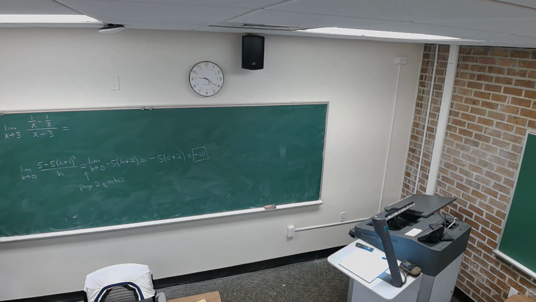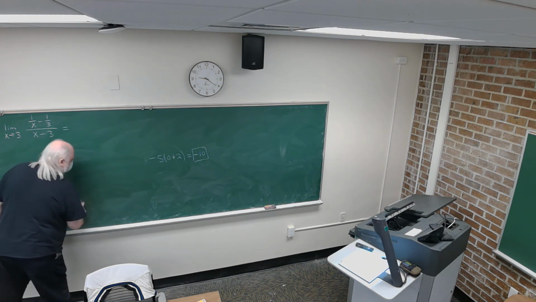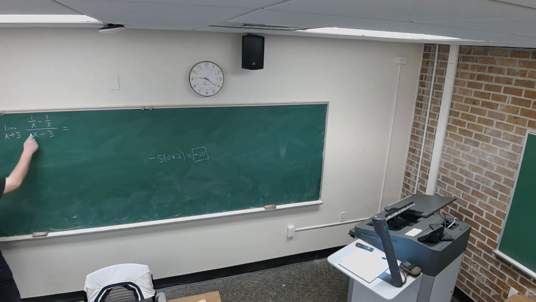So when you do the direct substitution, you put 3 in for x, you have 1/3 minus 1/3 over 3 minus 3.